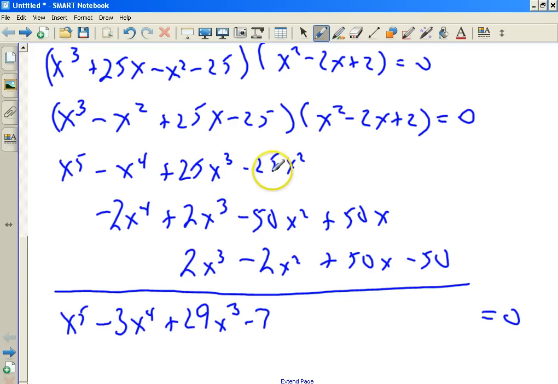Now, careful. Negative 25 and negative 50 is negative 75 and negative 2, negative 77. Combine these, 100x. And this one's really tough to combine, right? There you go. All right, there's the answer.